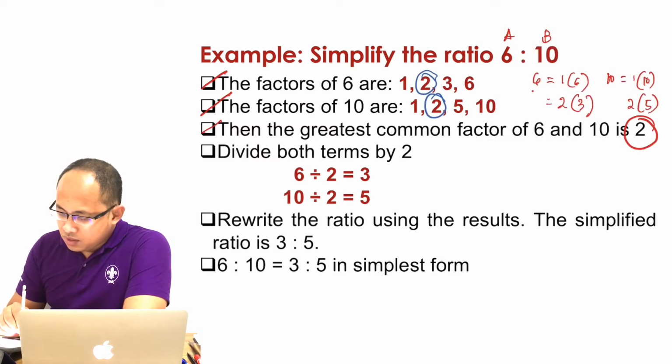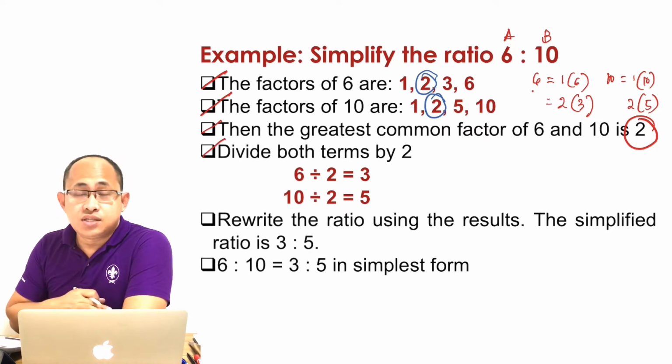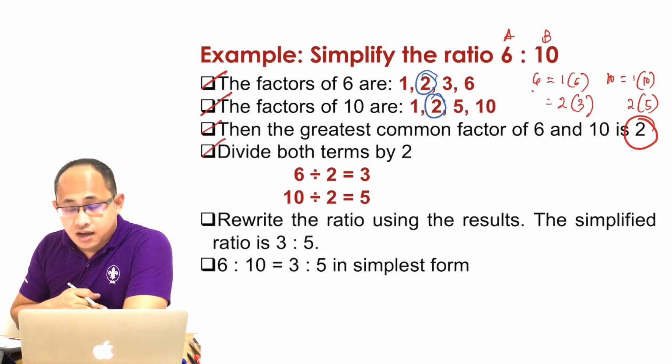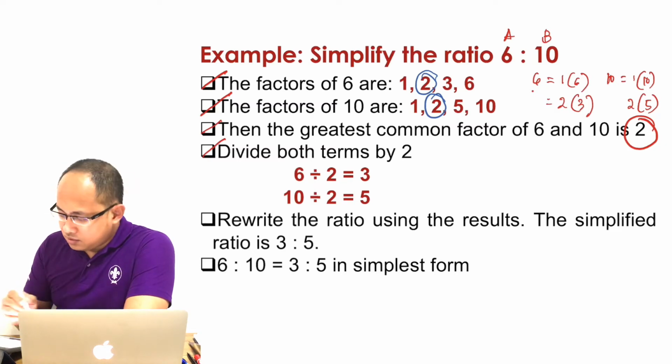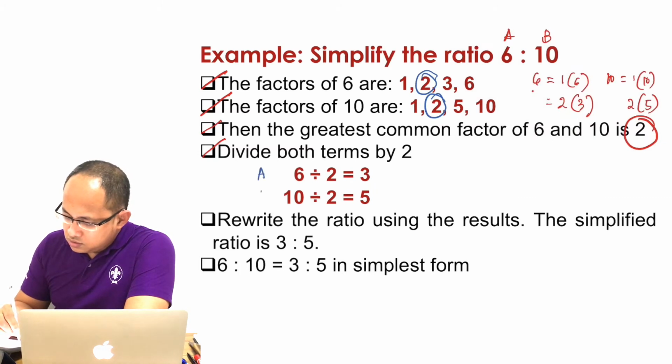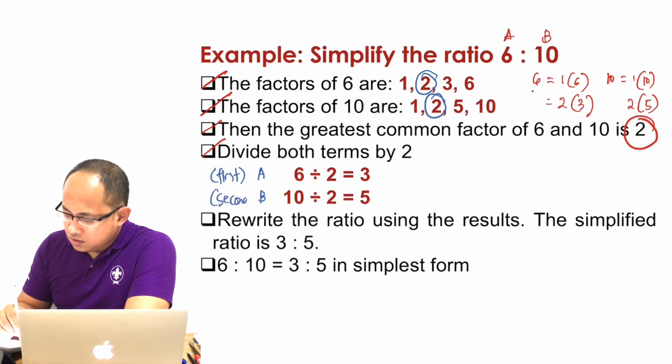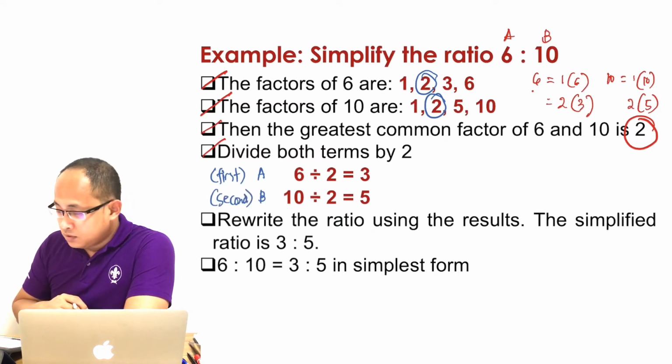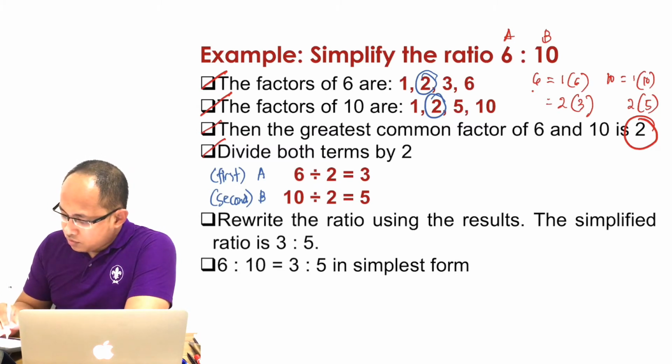That's the third step. Now, after we were able to find the GCF, we use that GCF to divide the first and the second value, because this is our A, this is our B. So this is the first value and this is the second value. 2 here is our GCF.